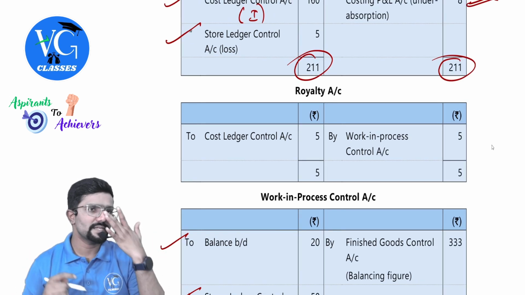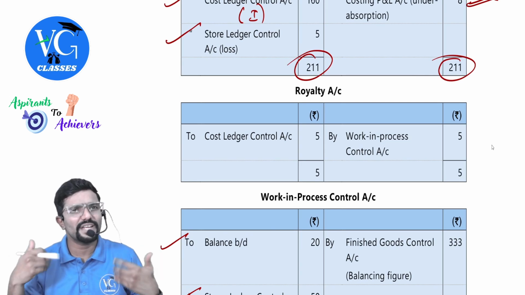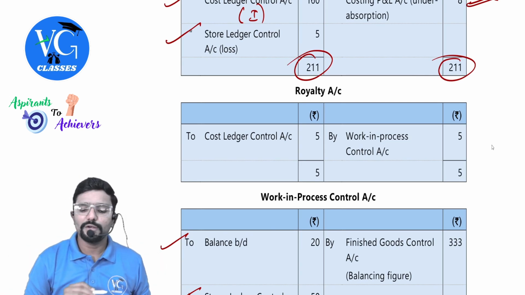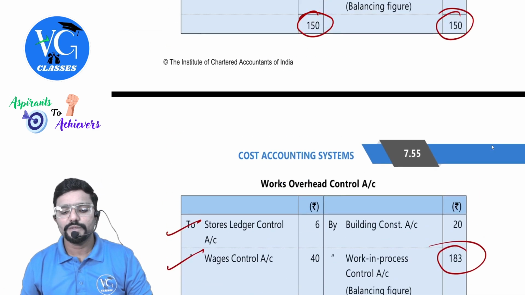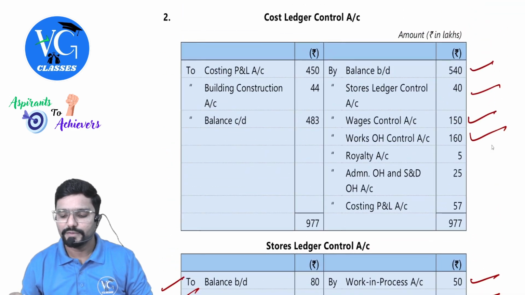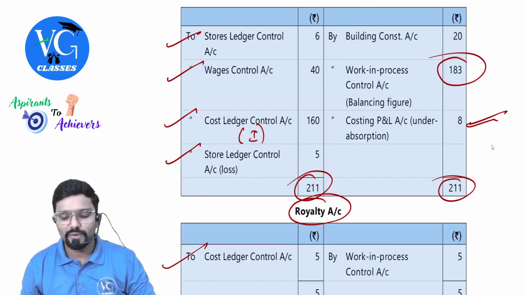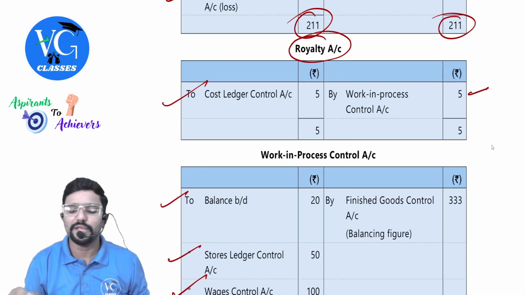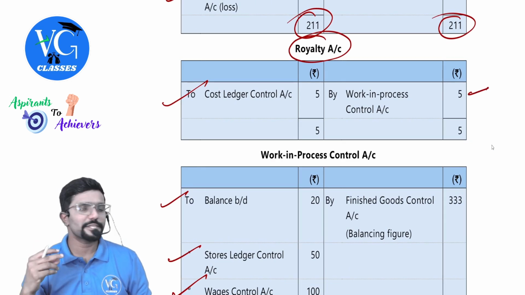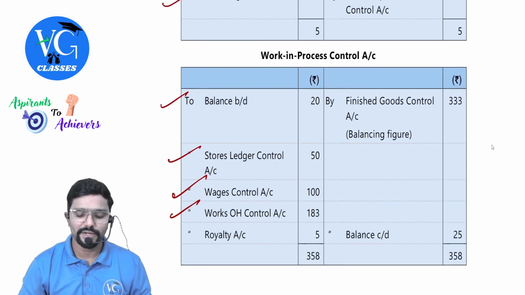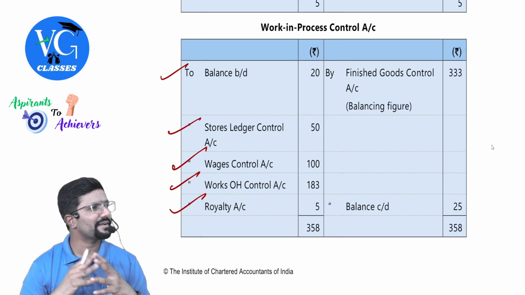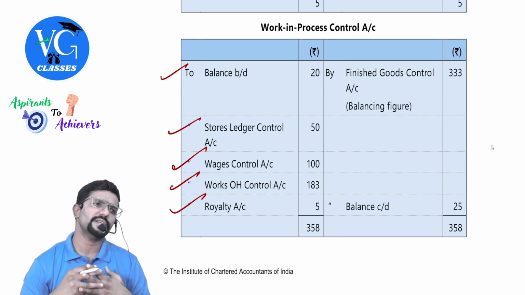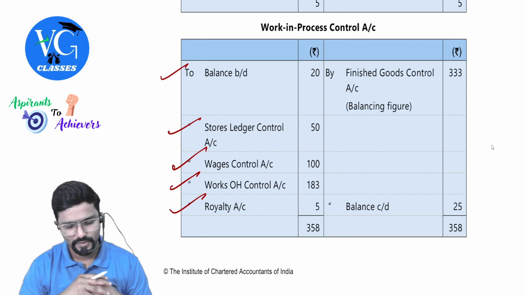Here, royalty to cost ledger they record, so in cost ledger also royalty is recorded. Then whatever royalty is there, as it is a direct expense, they have transferred it to WIP control account. Instead of this, can I record it straight in WIP control account, sir? Yes, you can skip that one extra account.